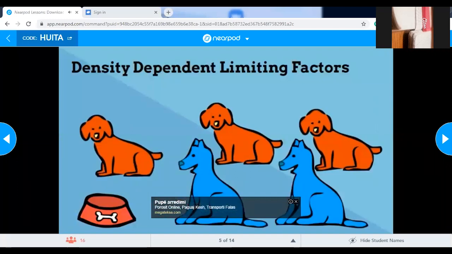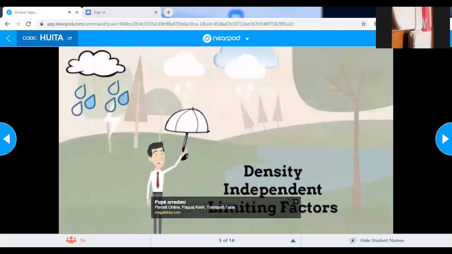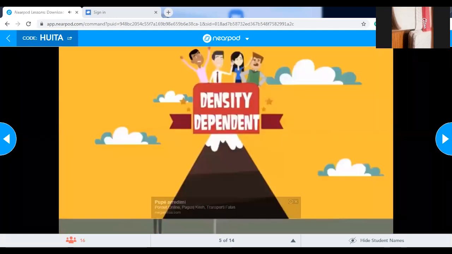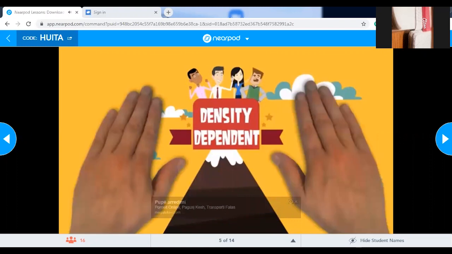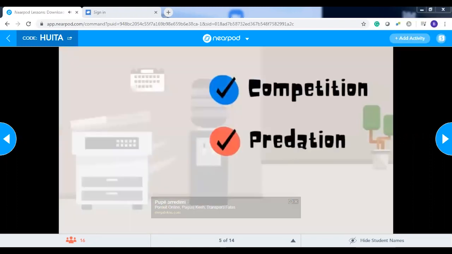And independent limiting factors do not depend on the number of organisms. For example, the amount of rainfall does not depend on the number of organisms. Density dependent factors. It is a limiting factor that depends on population size. For example, it could include competition, predation, parasitism, and disease.